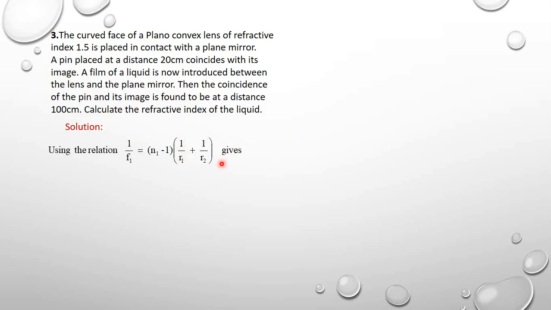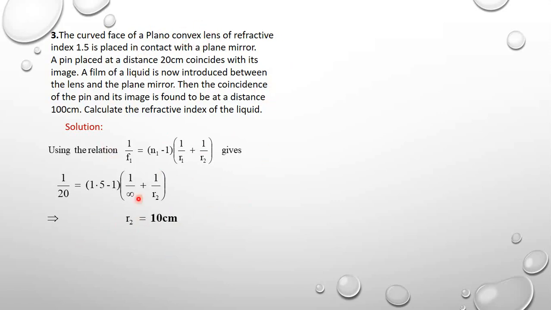So it's going to be 1 over infinity plus 1 over R2, which you don't know. So R2 is going to be 10 centimeters. That is the radius of curvature of the plano-convex lens.